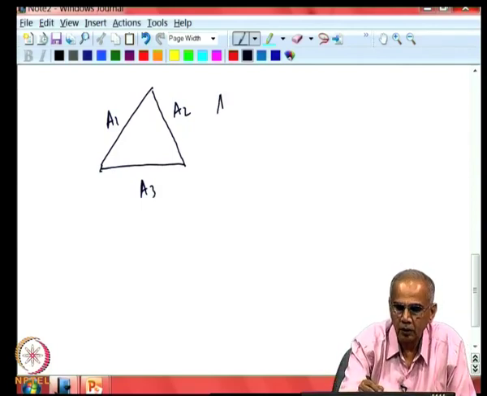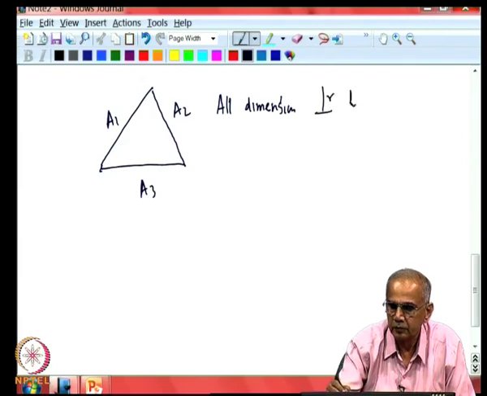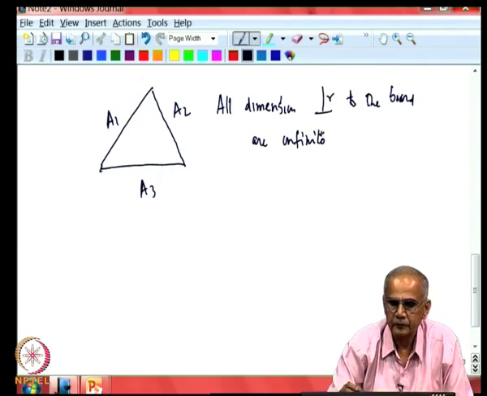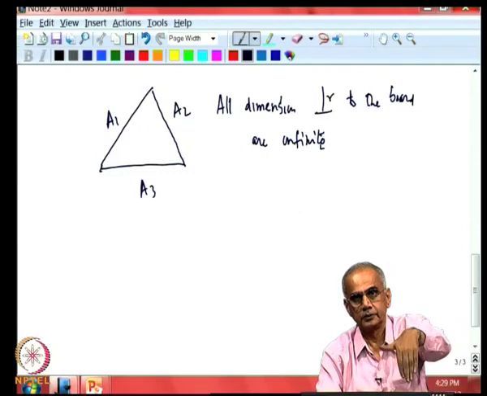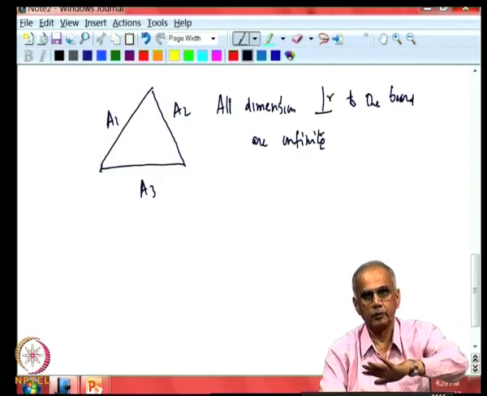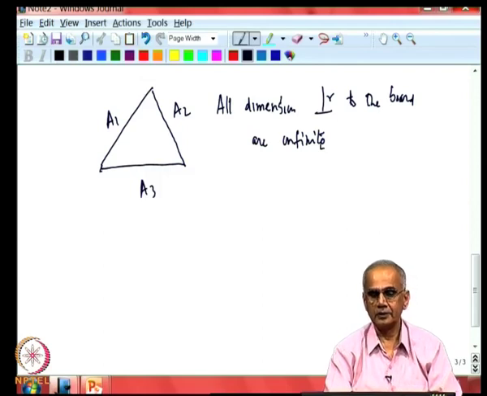So, all dimensions perpendicular to the board are very long, are infinite. So, you are looking at a problem where this dimension is extremely long compared to what is there in this plane, and the question is, does such a configuration simplify your problem?